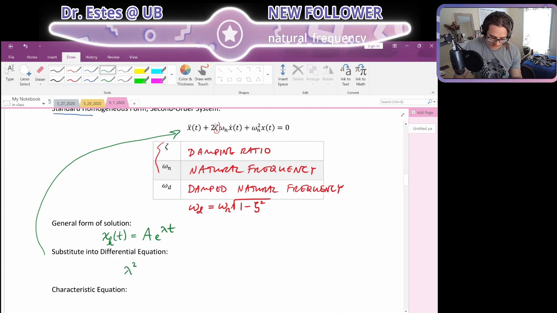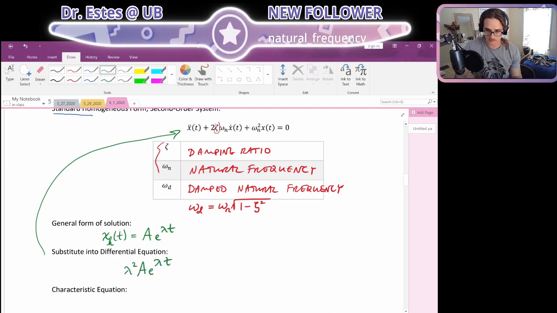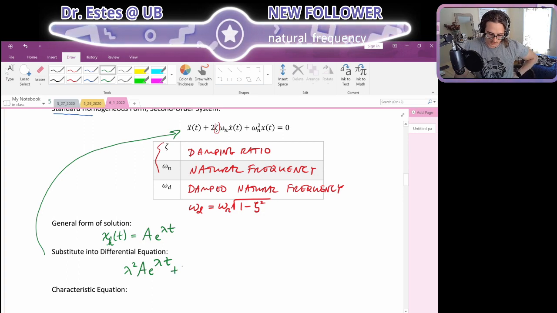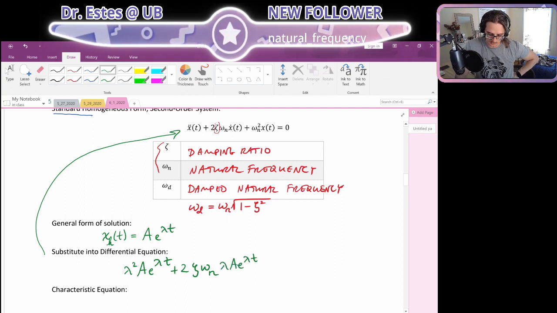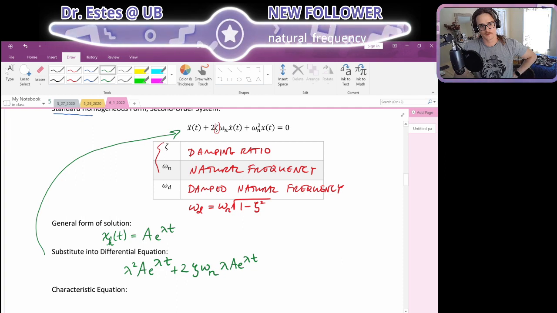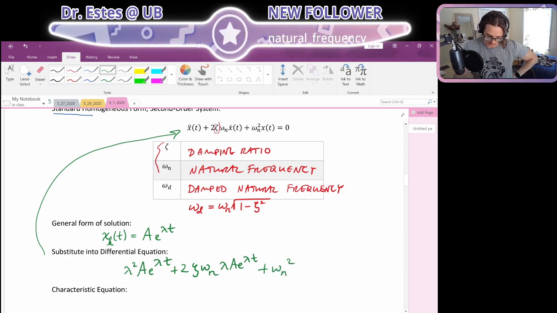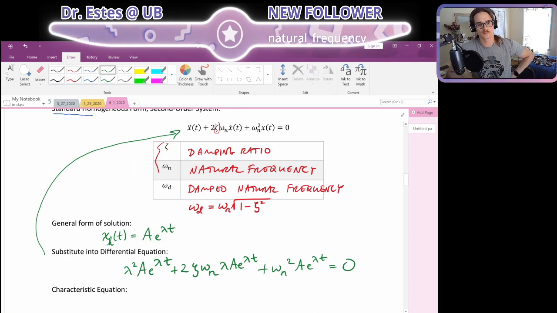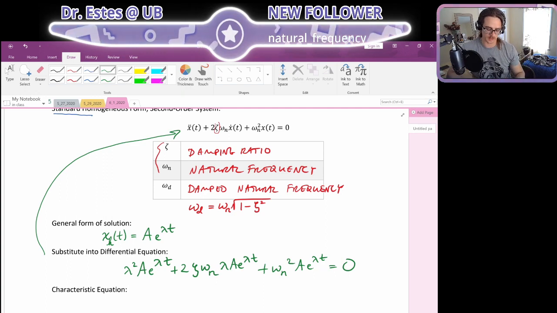So I'm going to have lambda squared a e to the lambda t plus 2 zeta omega n lambda a e to the lambda t. Zeta is really hard to draw, by the way. I've been doing it for years and I still can't do it consistently. But we took that general form and we substituted it in up above.